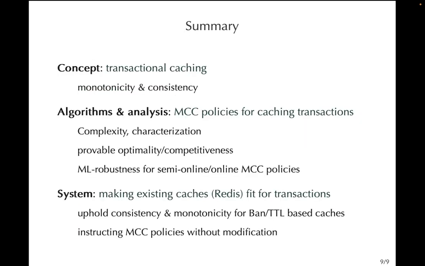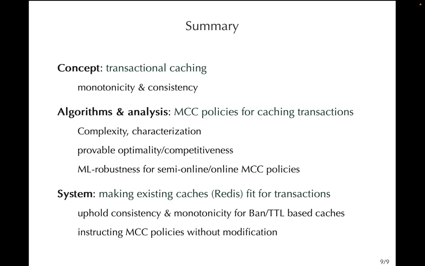So, in summary, we have done several things that we think are interesting at the conceptual level, algorithm level, and also system level. Conceptually, we identified the problem of transactional caching for ban invalidation-based caches, which also works for TTL-based caches.